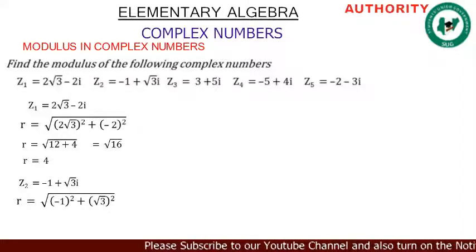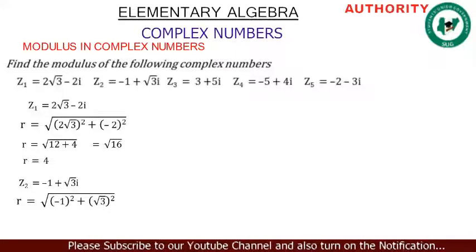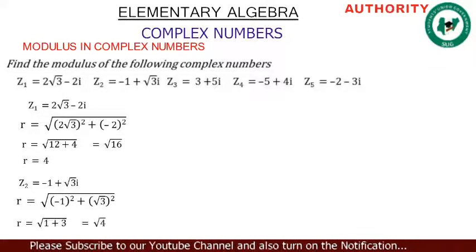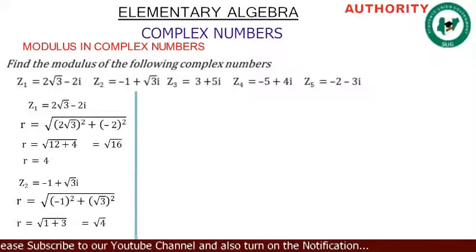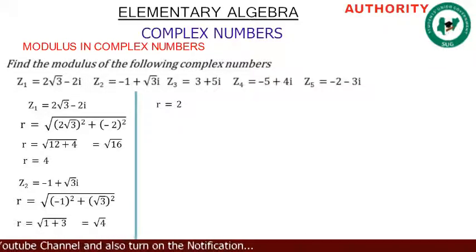Minus 1 squared is equal to 1, and square root of 3 squared is equal to 3. So we have the square root of 1 plus 3, equal to the square root of 4, which is 2. So therefore the modulus of z2 is equal to 2.